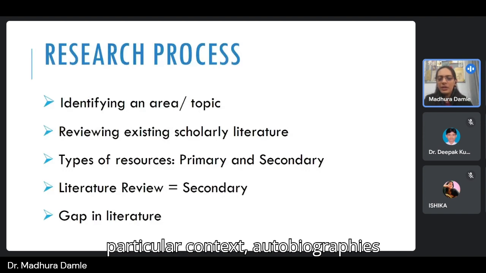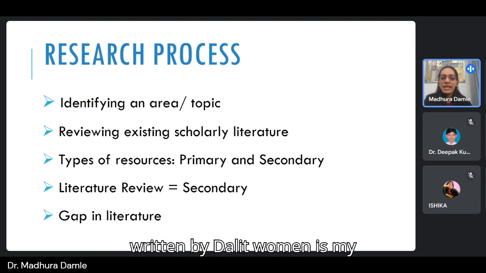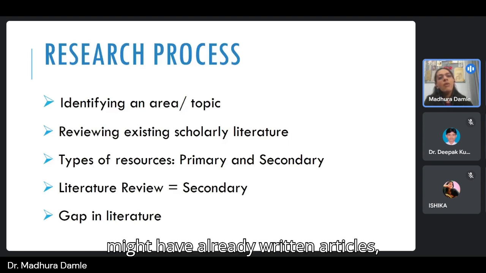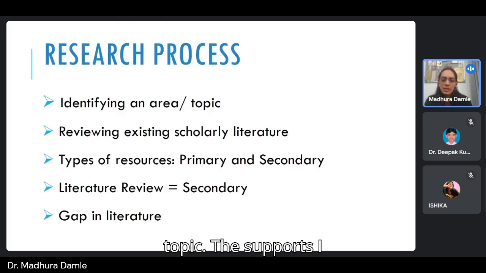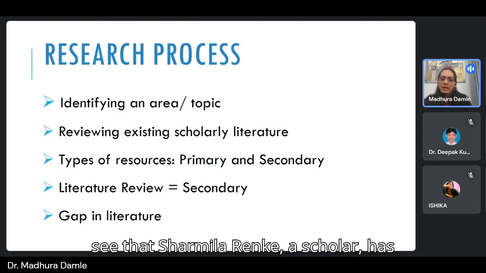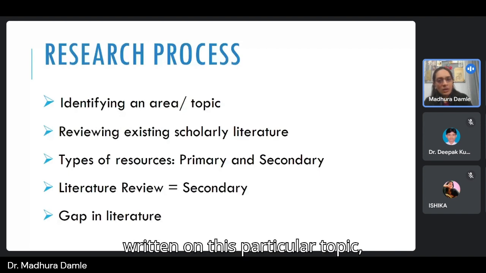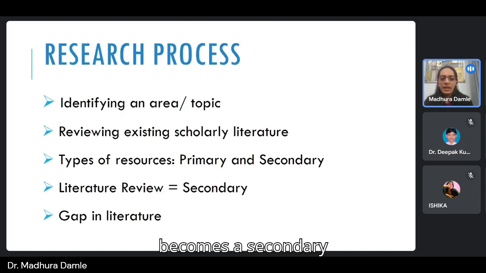In this particular context, autobiographies written by Dalit women are my primary source. However, some other scholars might have already written articles, books, etc. on this topic. Suppose I see that Sharmila Rege, a scholar, has written on this topic. Her article or her book becomes a secondary source for me.